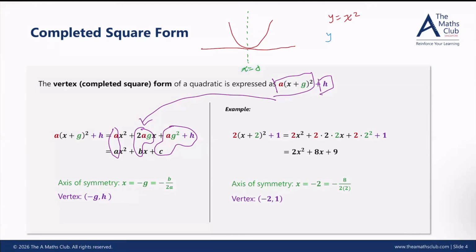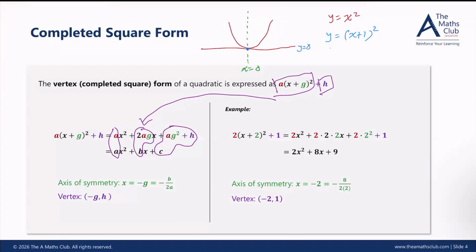What happens when y equals x plus 1 squared? If you can see, the axis of symmetry occurs at a point whereby the parabola meets a certain line. In this case, the simplest case, it meets at y equals 0.